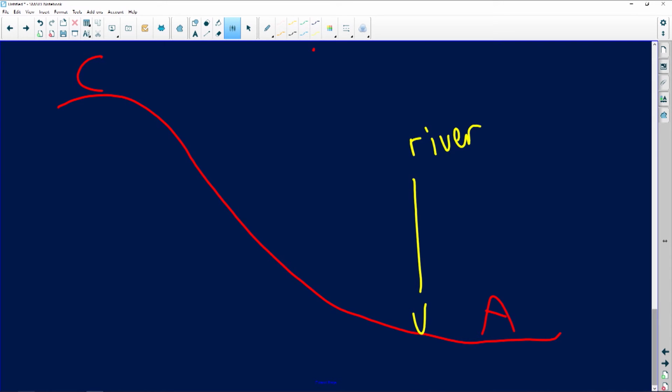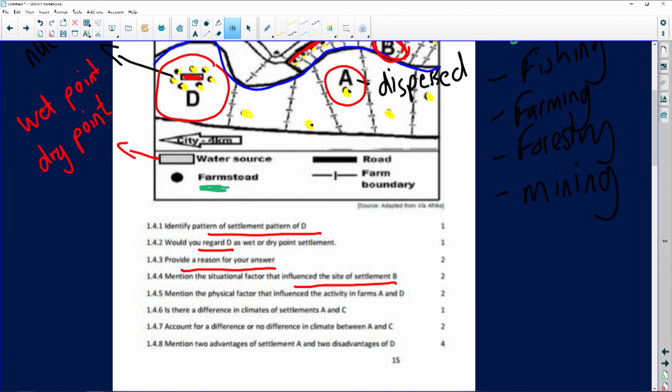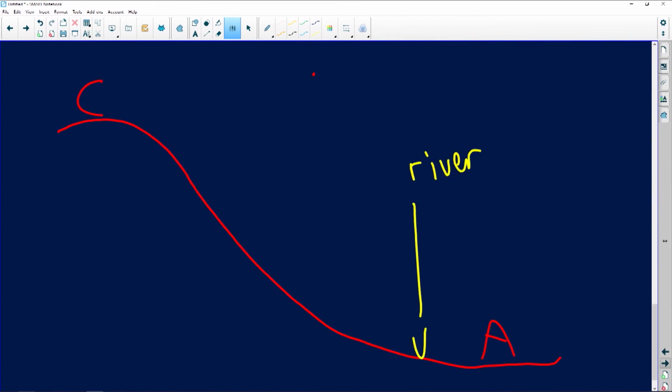Now, going back to my question, is there a difference in climates of settlement A and C? Most definitely. The simple reason is that when we look at valley climates, we experience different types of breezes during day and during night.